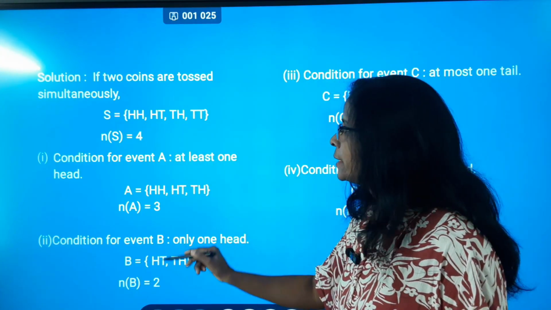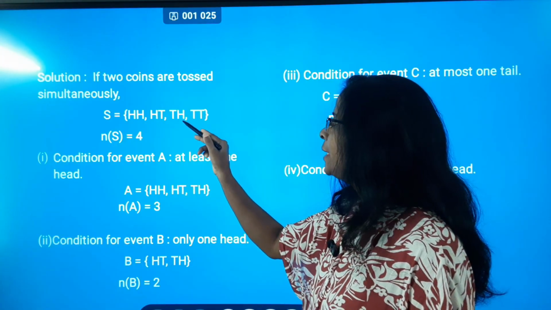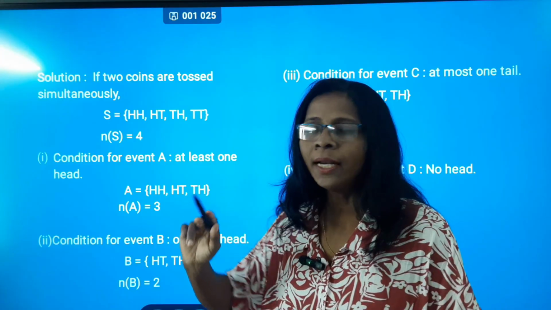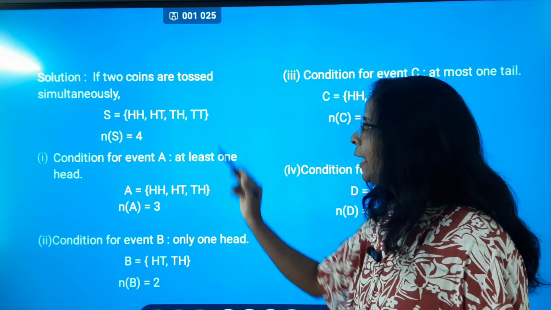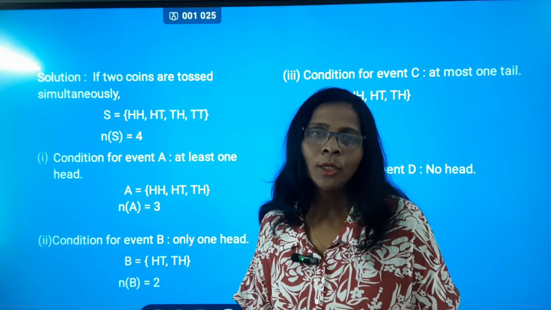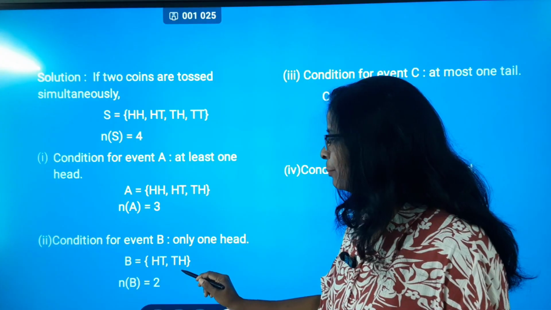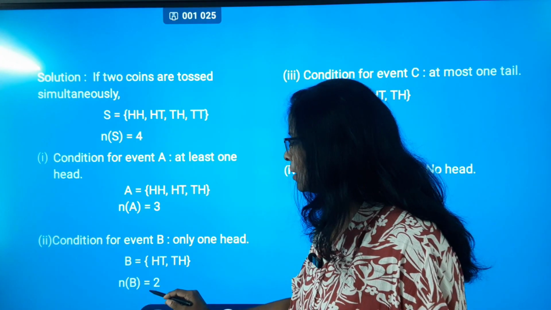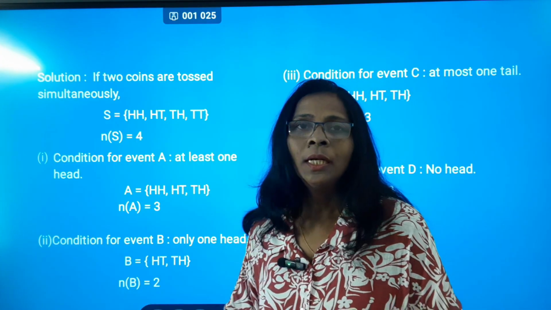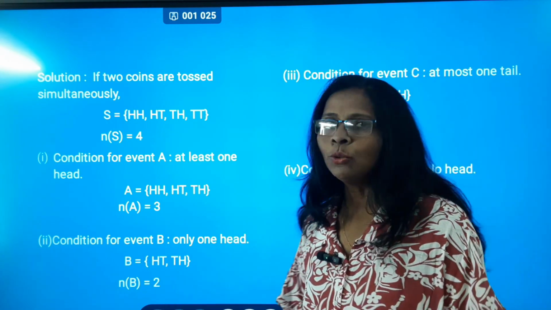Then HT, yes, it includes one head, so we include it in this event. TH, yes, it contains only one head, so we take TH also. TT does not include a head, so we neglect it. So there are only two sample points: the elements are HT and TH, and n of B is equal to 2.